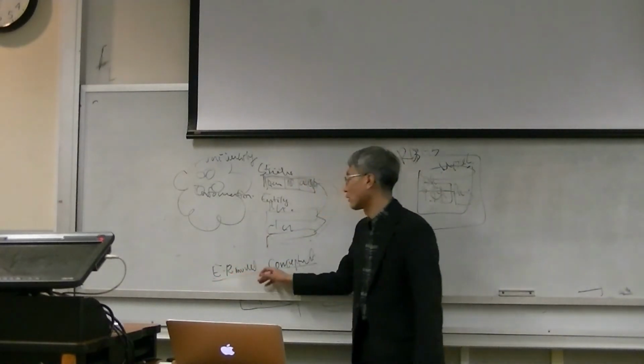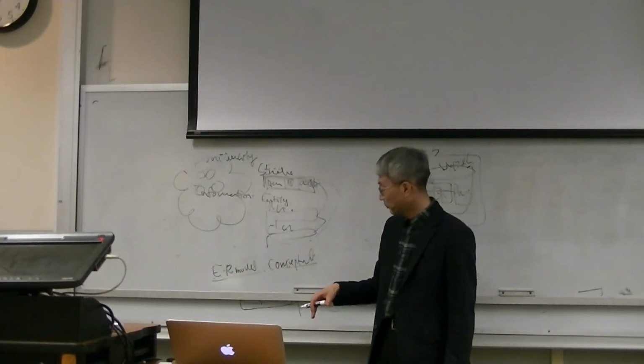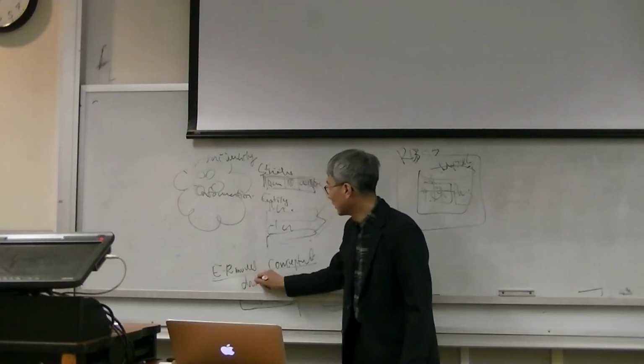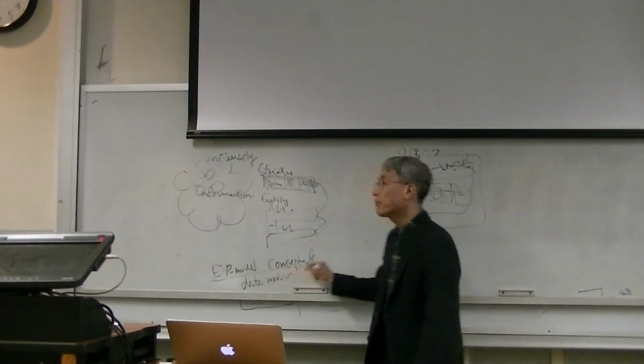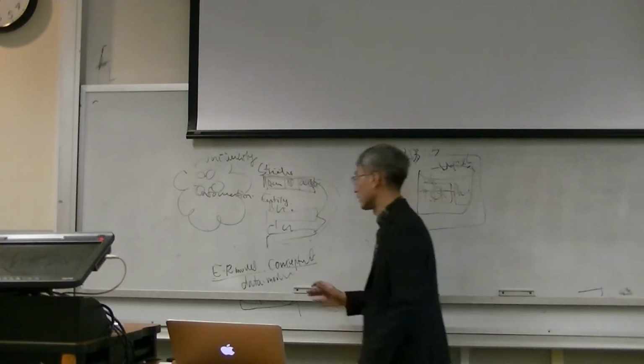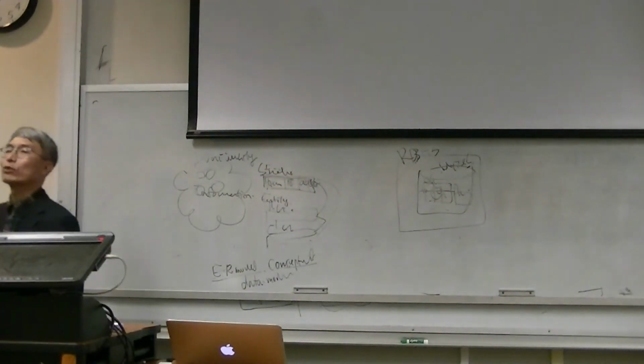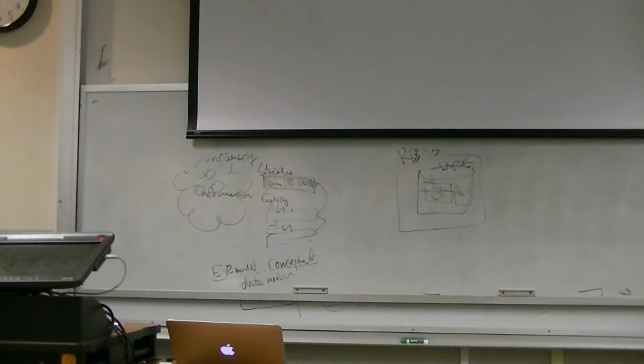So ER modeling is called the data model. It's not a database model yet, it's just a data model, which means ER modeling can be used for even the object-oriented concept. Even our real life.